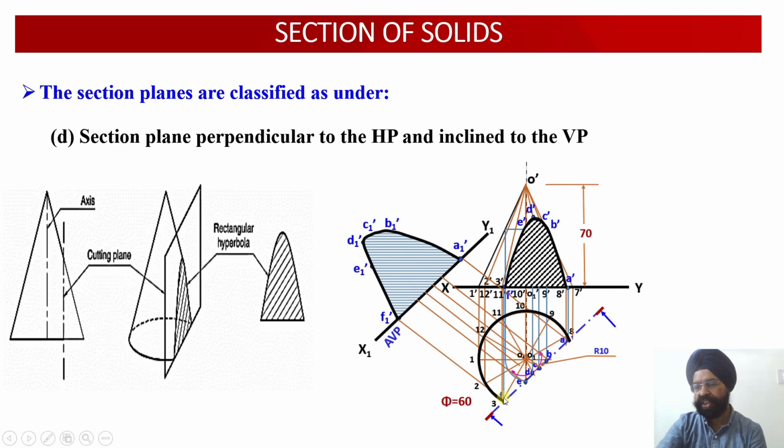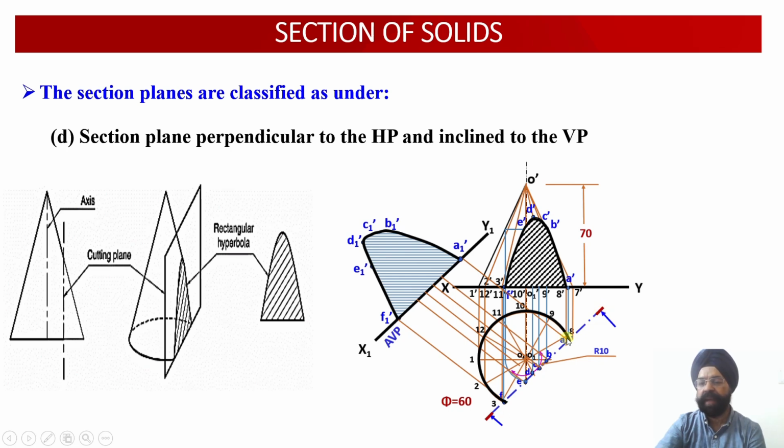Because this section happens to be inclined to the vertical plane, its projection on the vertical plane in the front view will provide us the shortened or reduced view. So what if we want to obtain the true shape of this cut section? We have to go parallel to this. This is another AVP we have drawn, parallel to this cutting plane.